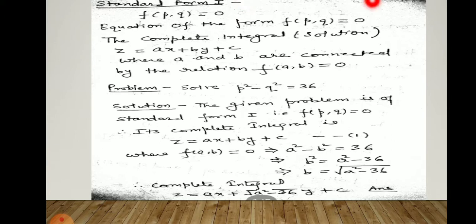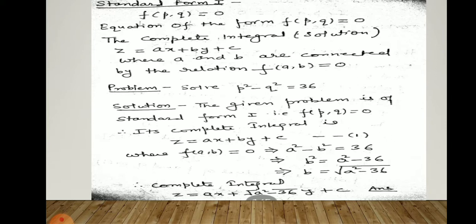If an equation is given in the form f of p comma q equal to 0, we should recall that small p and small q are standard notation which are used in partial differential equation or partial calculus.